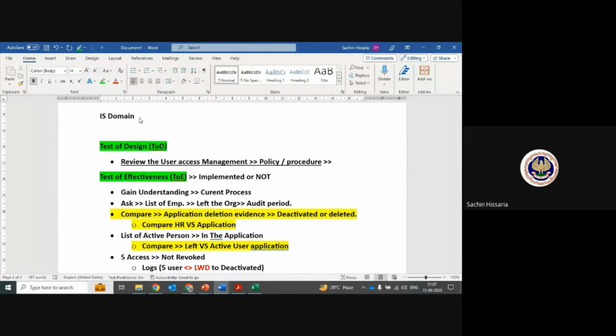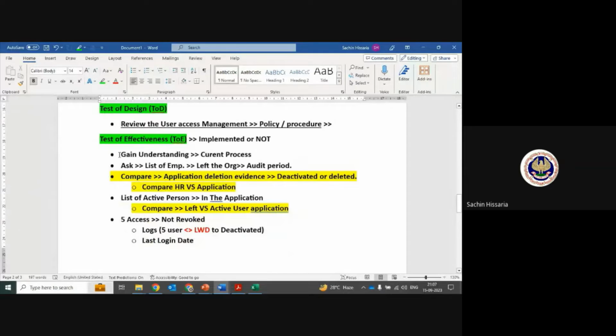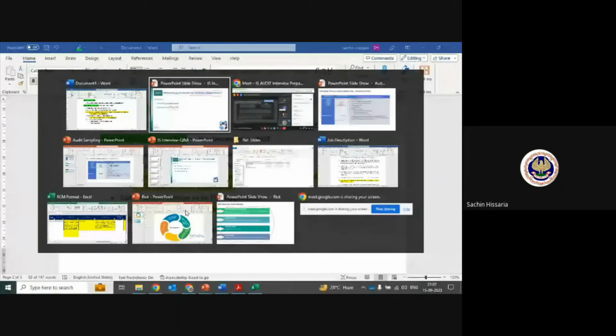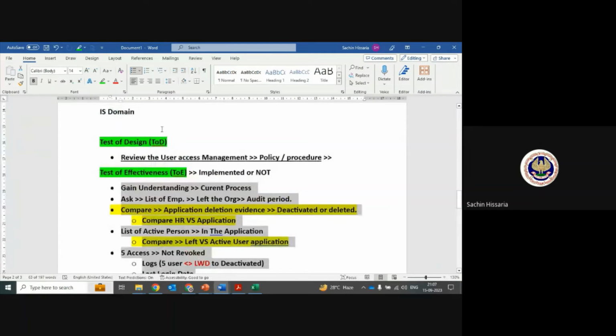After policy procedure, I want to review the effectiveness of a control, and to do that I will perform this many steps. If you answer like this, it will give your interviewer a very good confidence that you understand the entire process end to end.